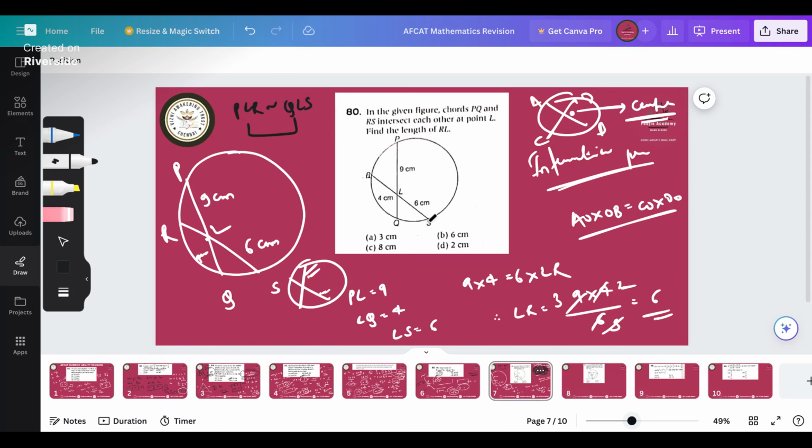So this is the basic property we have over here. And because of that, all these become proportional. So if you write it this way, 9 divided by LR. Sorry, the similarity happens this way, not that particular way. Let's construct this one.